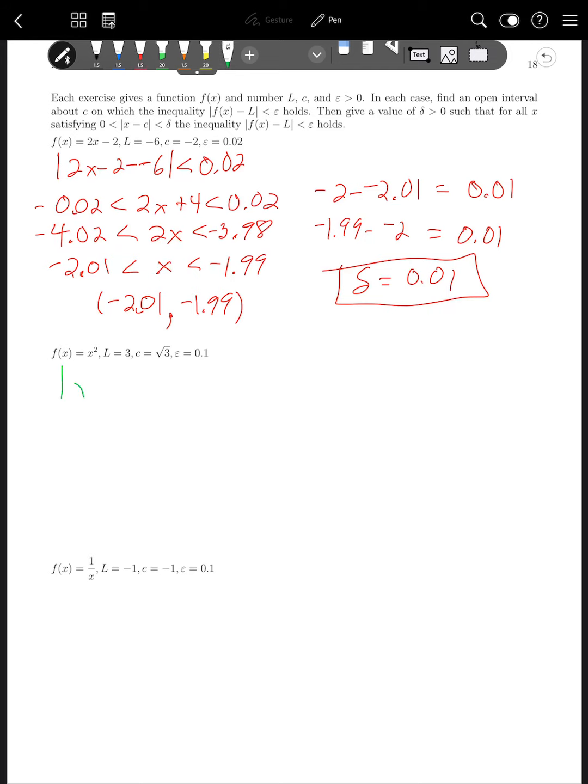Start out by taking |f(x) minus L| is less than epsilon. And then get rid of the absolute values. And then add 3. And then take the square root.